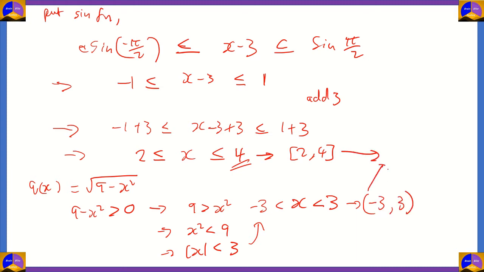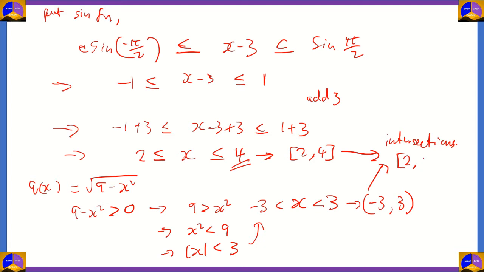Now we need to take the intersection of both of these domains. That means you take the highest of the first terms and the lowest of the second terms. Among the first terms, 2 is higher than minus 3, so you have closed interval of 2.